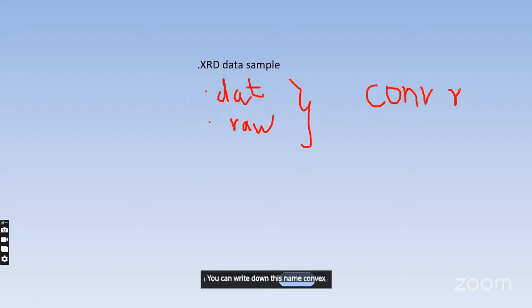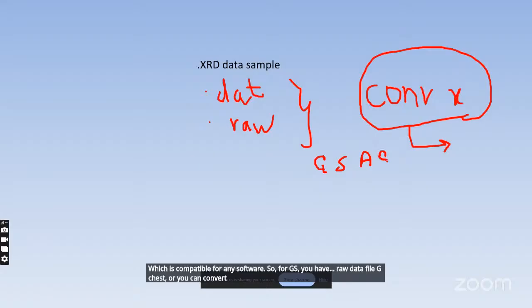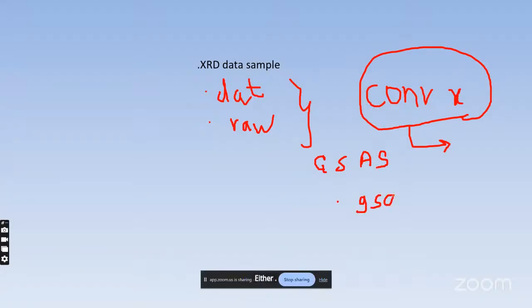This is the software that can convert XRD data from one format to another format, which is compatible for any software. So for GSAS, you have a raw data file, or you can convert the file into .gsa, either .raw or .gsa. This is your input that you require.